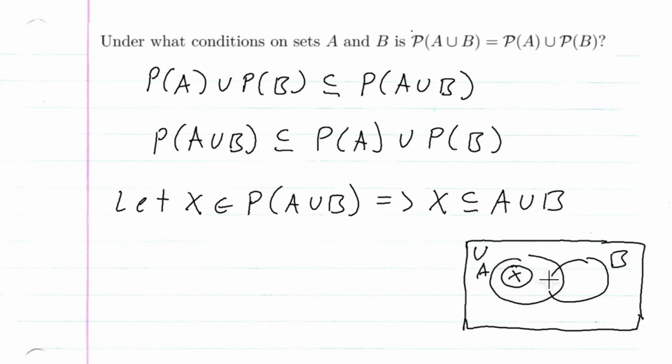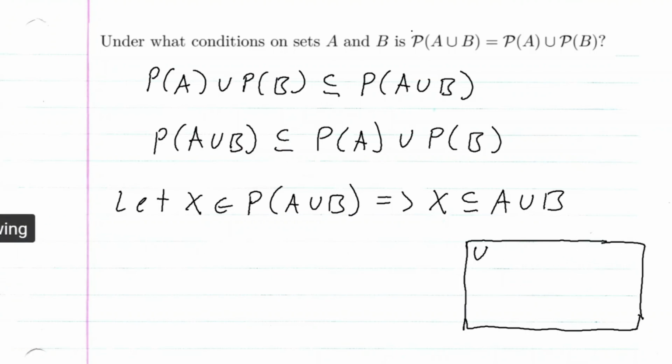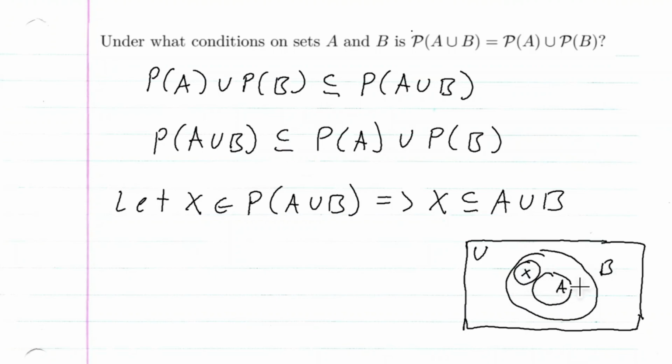So we can't have the picture look like this, but what we can do is have the picture look like this, where we have B on the outside and A completely contained in B. Because regardless of where X is, X is still a subset of B, regardless of where we put X. Because in this instance, A union B is actually equal to B. A union B is this piece and this piece, so it's that entire shaded region, which is just B, right?